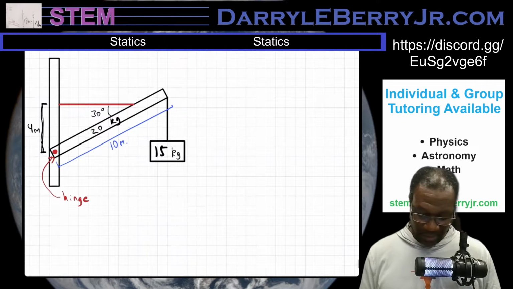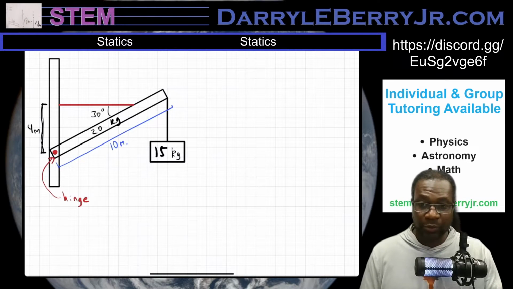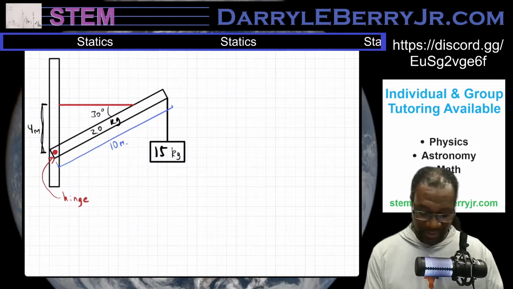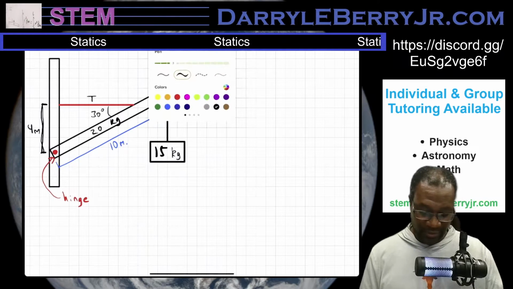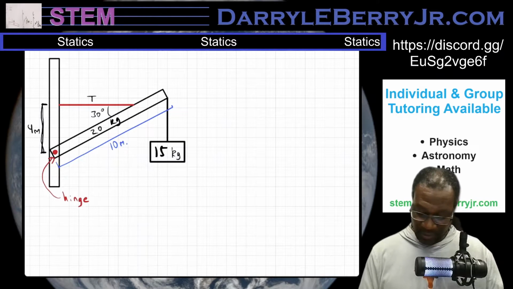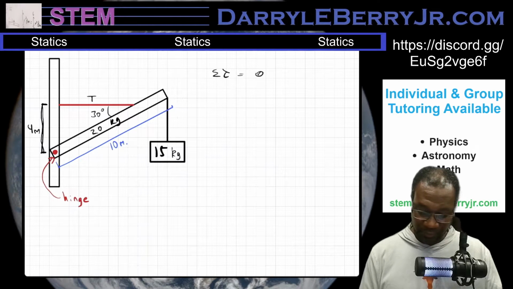So if we look at this problem, there's a hinge that torque can move around. Then there's masses with weights pulling down. There's tension in this rope or string here. So one interesting thing is that the torque is going to be 0 because nothing is moving.